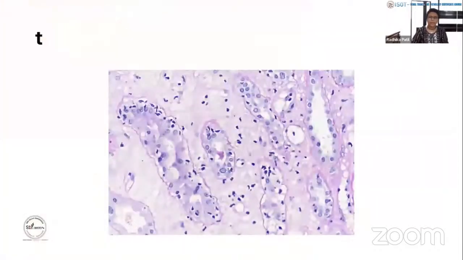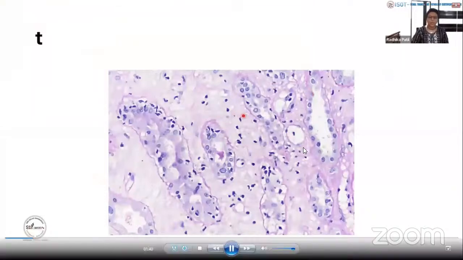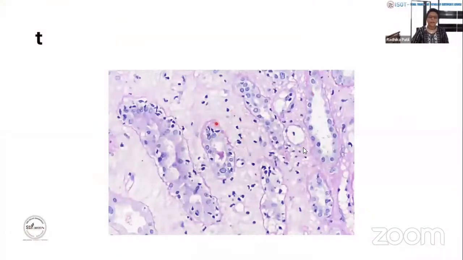There is tubulitis. The tubules should be longitudinally cut, and there should be at least 10 tubular epithelial cells per tubular cross section. Tubulitis is infiltration of tubular basement membranes by mononuclear cells at the basolateral aspect of these tubular epithelial cells.